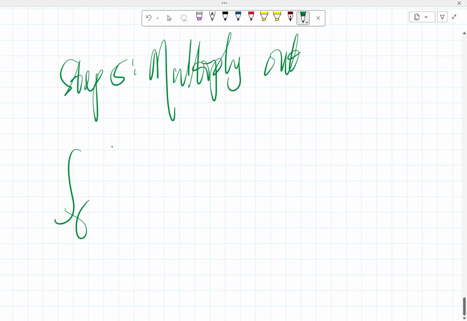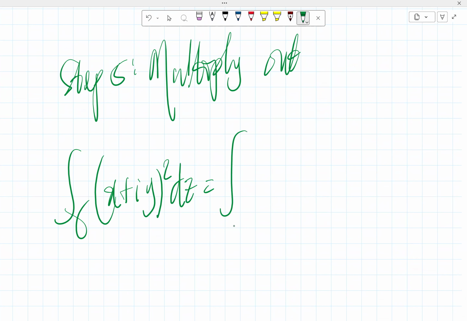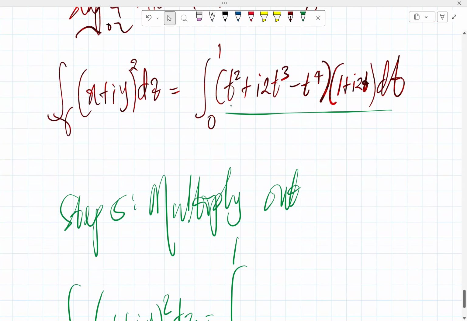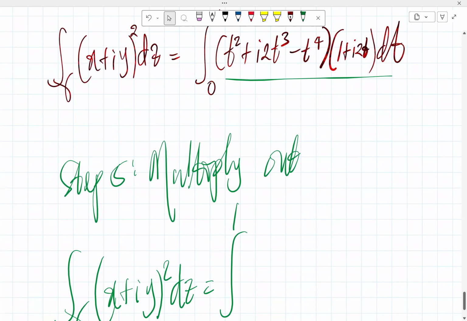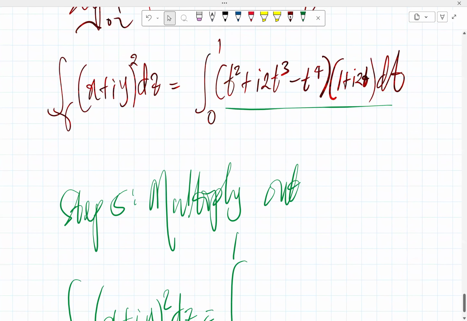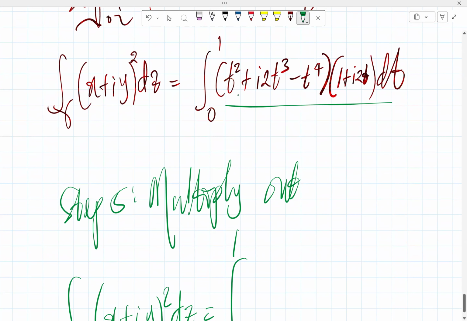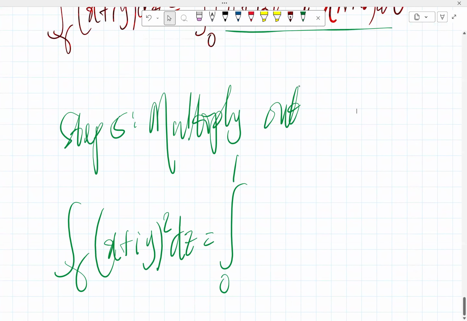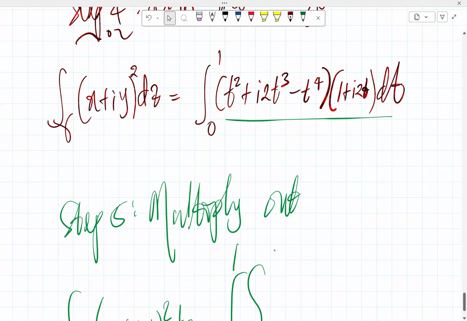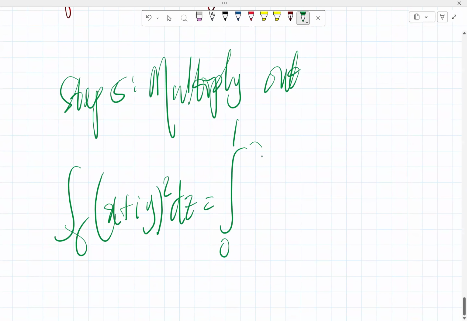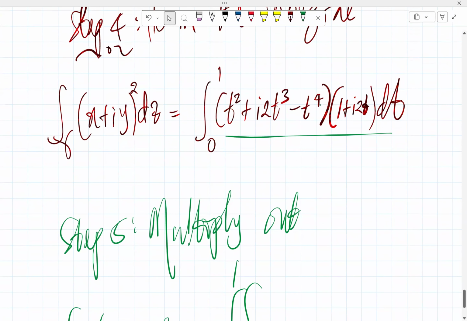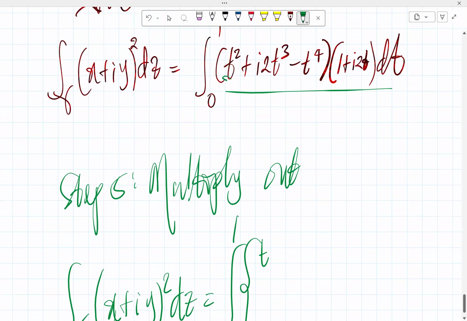So the integral along this of (x + iy)² dz is now equal to the integral from 0 to 1. I'll do my multiplying out like this, in bits and pieces, collecting as much as possible. t² times 1, that's t². t² times i2t, that is plus i2t³.